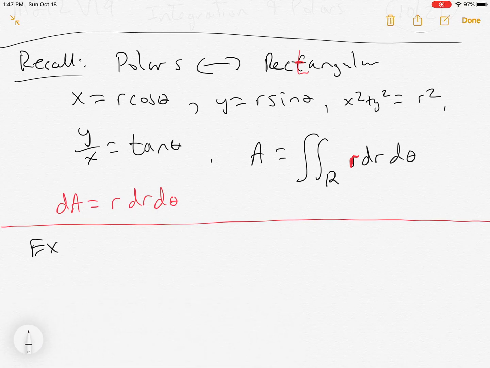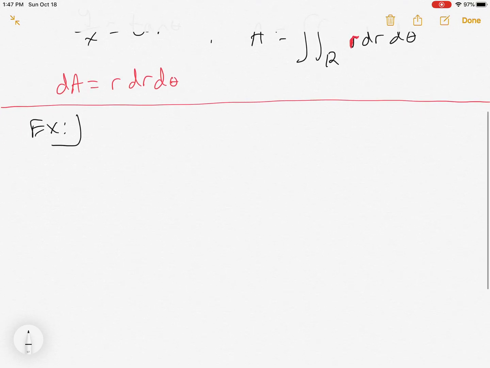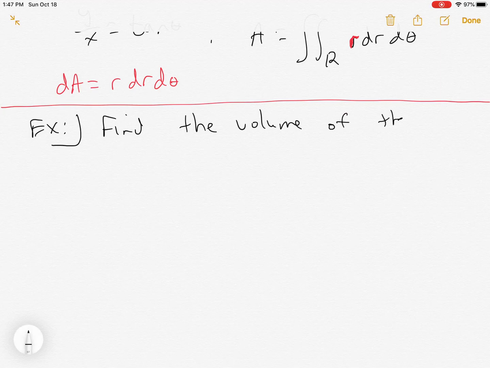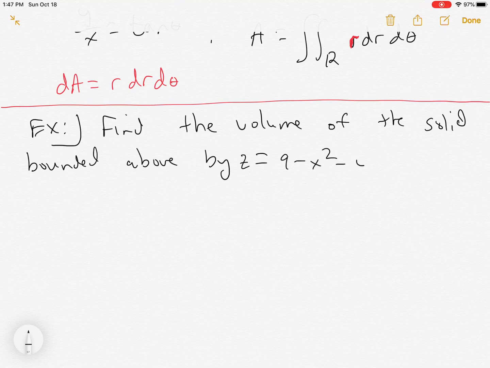So here's an example. Find the volume of the solid bounded above, by my favorite parabola, or one of them, z equals 9 minus x squared minus y squared, and below by the unit circle.